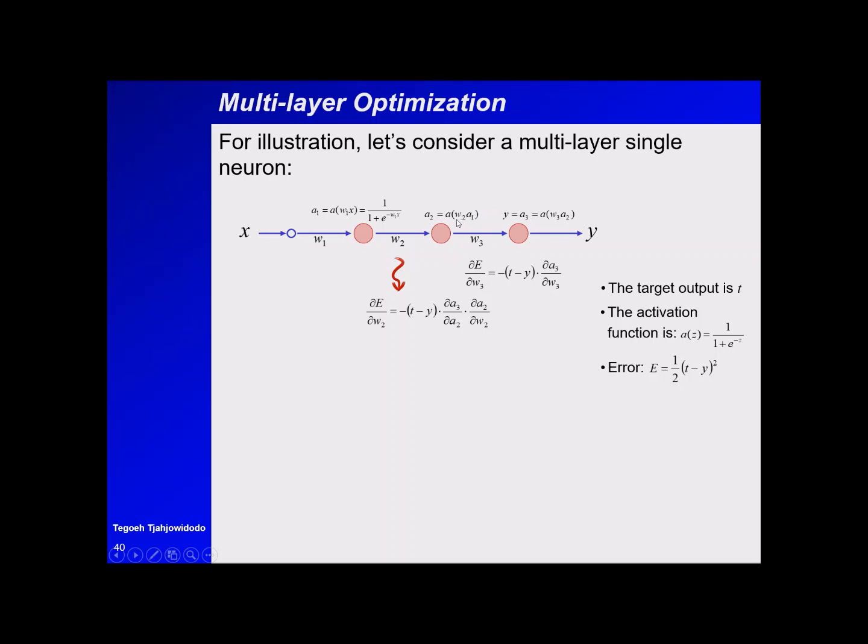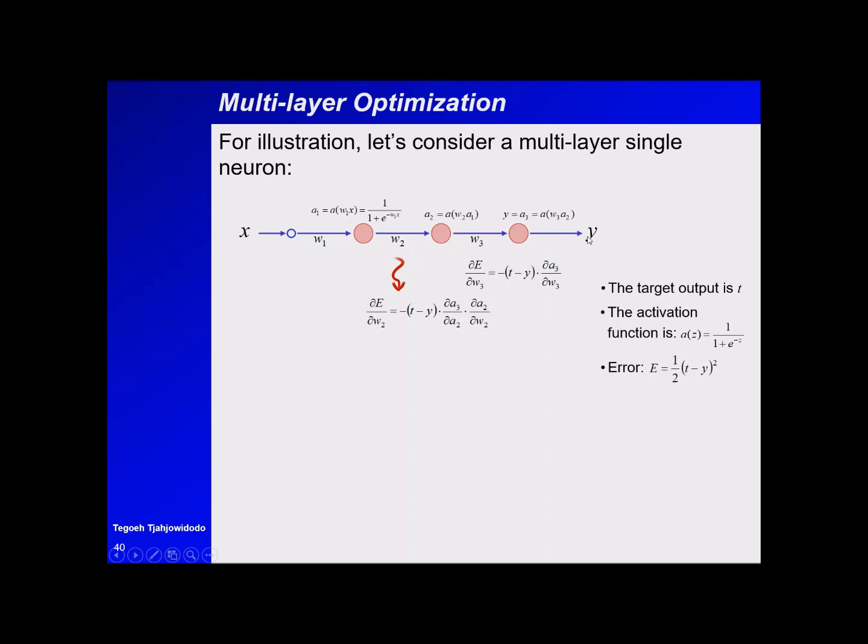And A2 is a function of W2. Again, I repeat it. The error here is a function of y. And y, if you look at this, basically is A3. And A3 appears as a function of A2. And A2 is a function of W2.